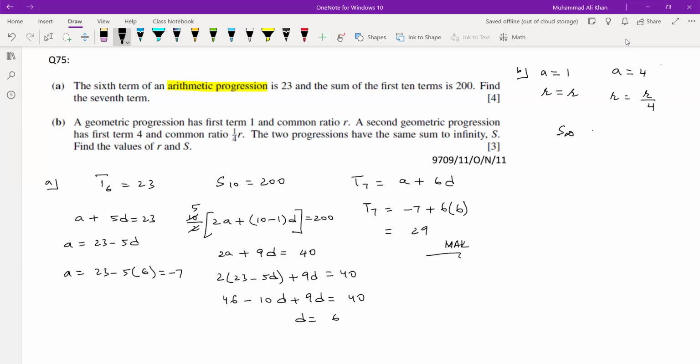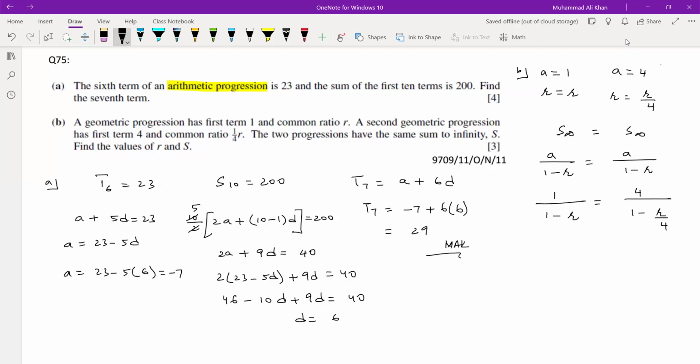Sum to infinity of the first equals sum to infinity of the second. Sum to infinity formula is a over 1 minus R for both. The first term here is 1 and R is R. The first term here is 4 and R is R upon 4.